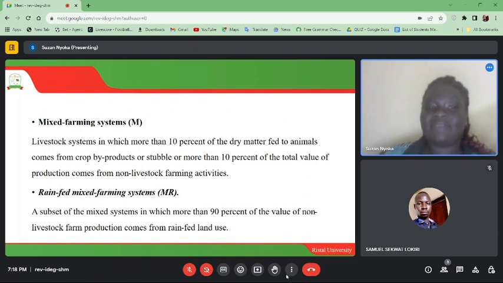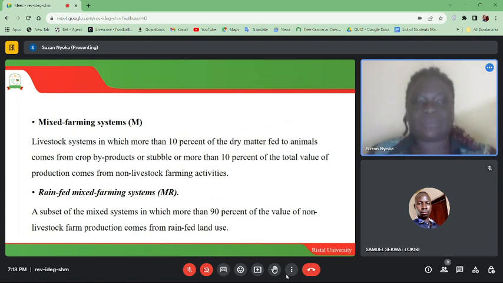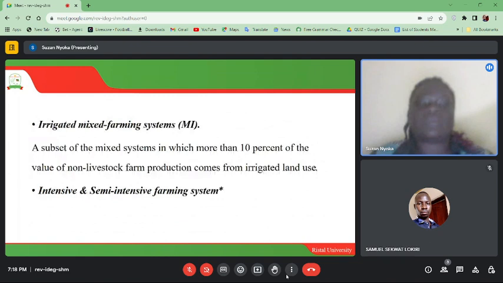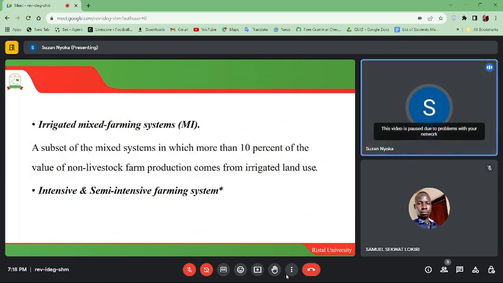And then the rain-fed mixed farming system, a subset of the mixed system in which more than 90% of the value of non-livestock farm production comes from rain-fed land use. We have the irrigated mixed farming system, a subset of the mixed system in which more than 10% of the value of non-livestock farm production comes from irrigated land use.